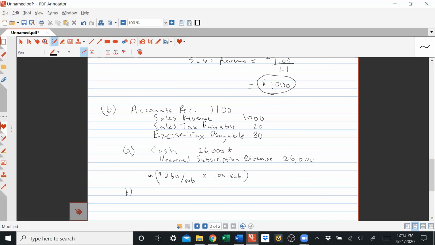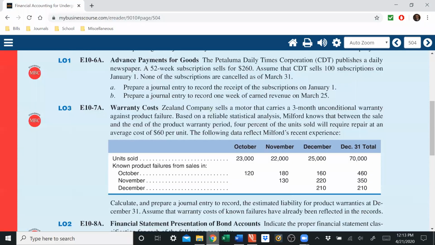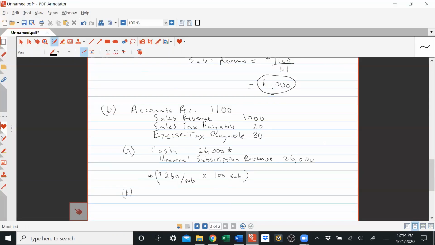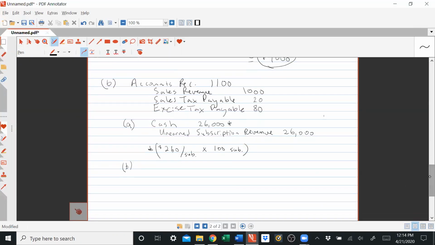Part B, prepare a journal entry to record 1 week of earned revenue on March 25th. So what's going to happen is each week they deliver a newspaper to a customer.